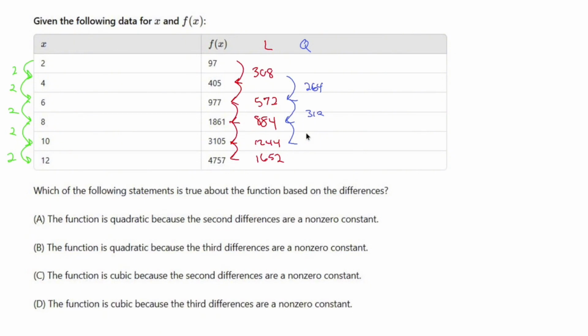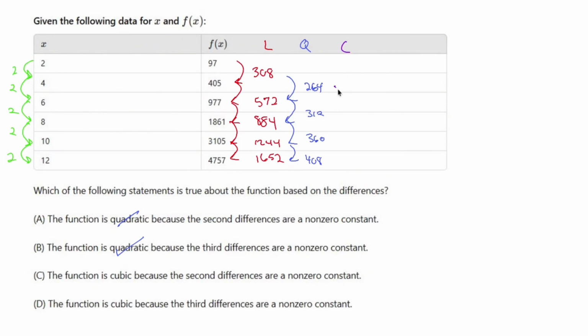To get from 884 to 1244, the difference is 360. And then between 1652 and 1244 it is 408. All right, so it's definitely not quadratic. So this better be cubic.